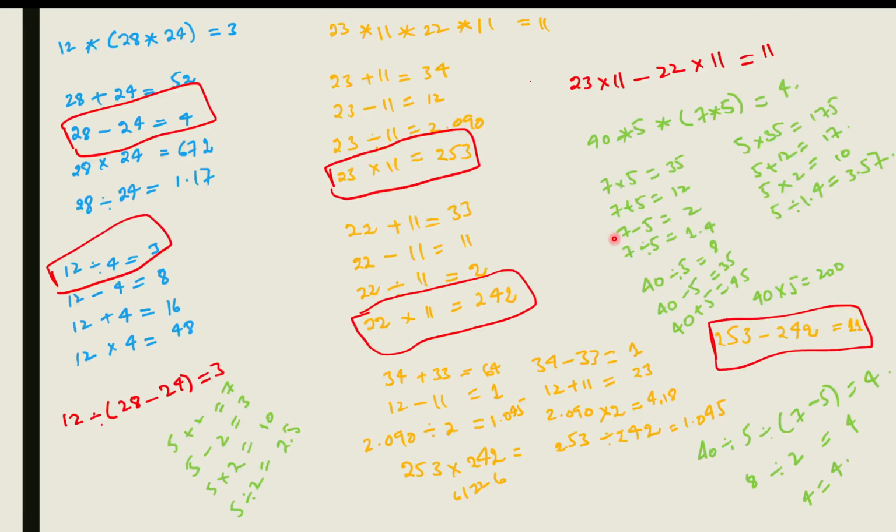So for the smallest number, we will start with the subtraction, that is giving us 2, 7 minus 5. After doing that, there are 2 operations left to be guessed. So 40 * 5 * 2. We have considered this one.